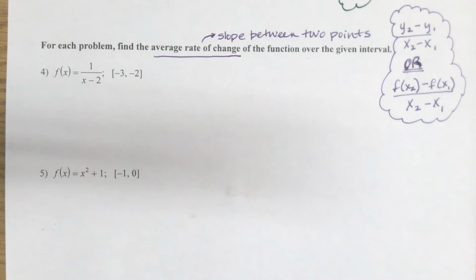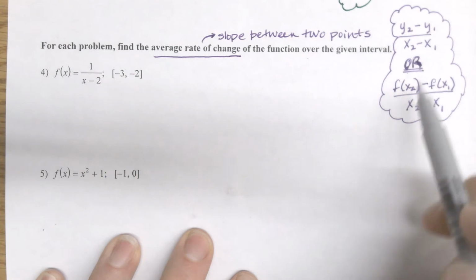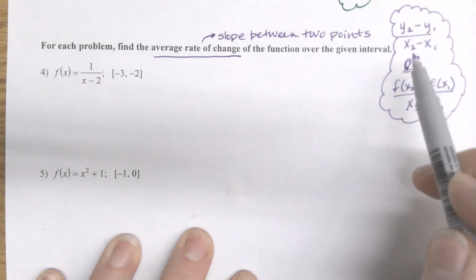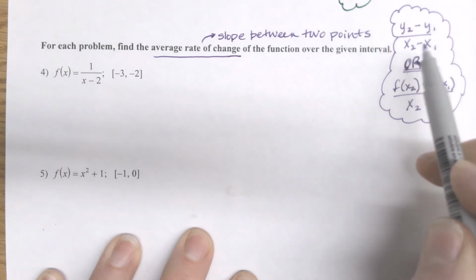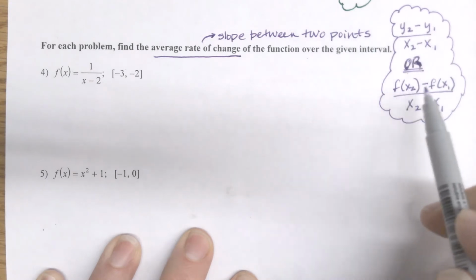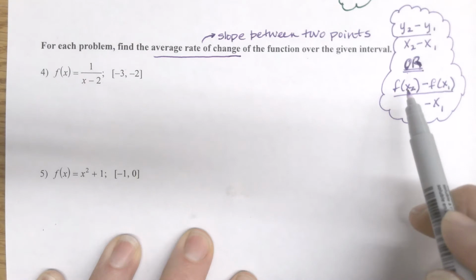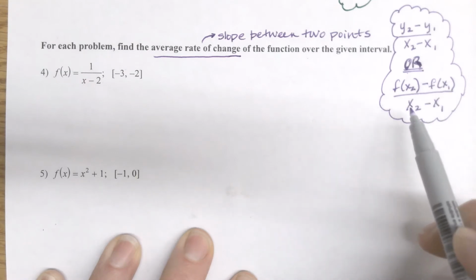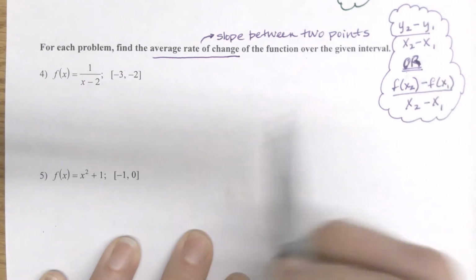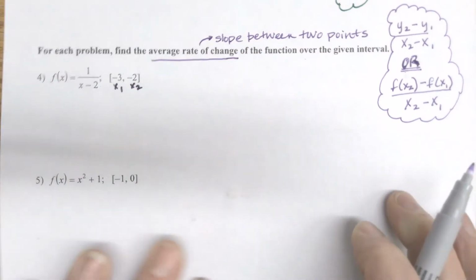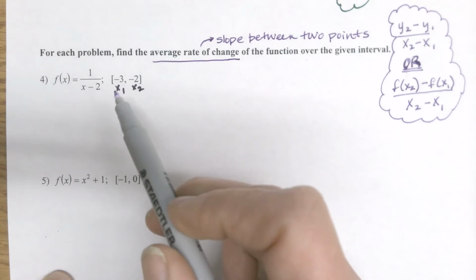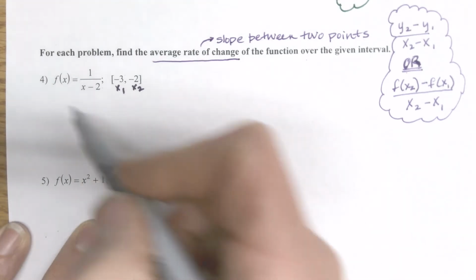And so when I'm doing the average rate of change, what I have to do is put it basically in the slope formula, y2 minus y1 over x2 minus x1, or if I'm putting it in terms of functions, f of x2 minus f of x1 over x2 minus x1. Well, these are my x1 and x2 values, and so I just have to plug those in to get my f of x values.